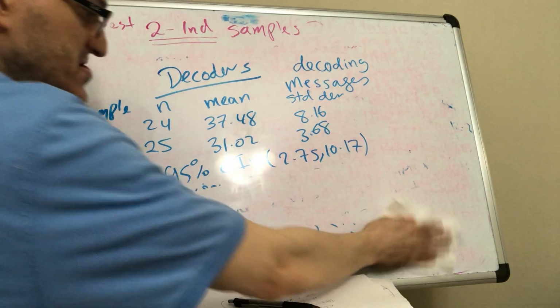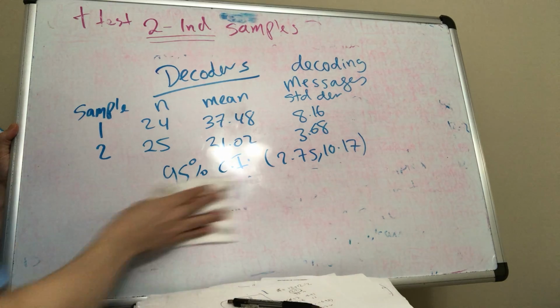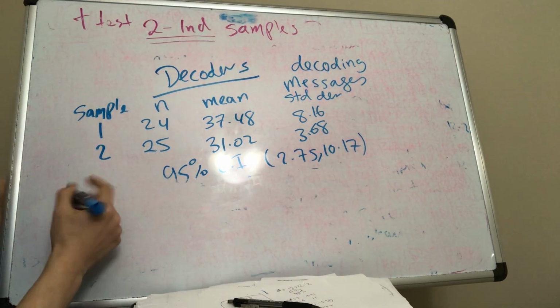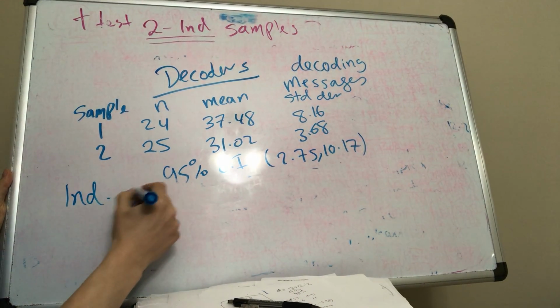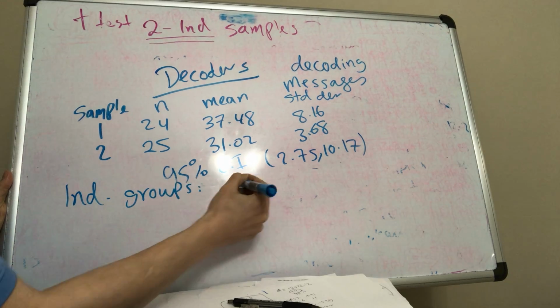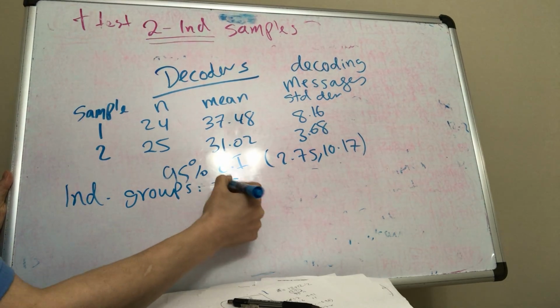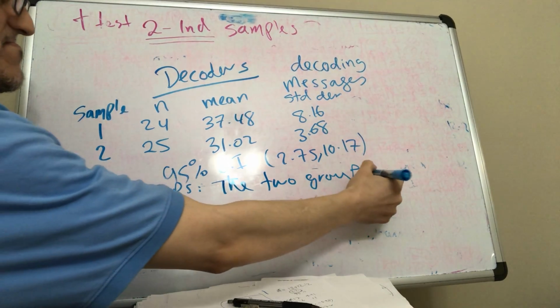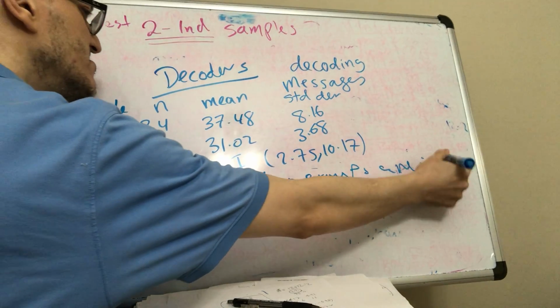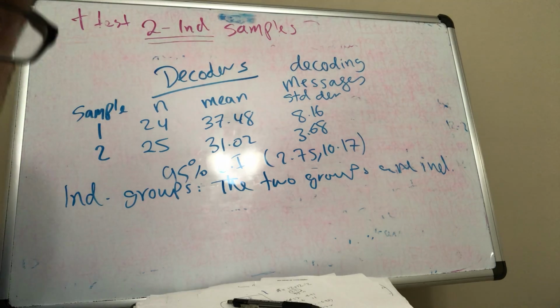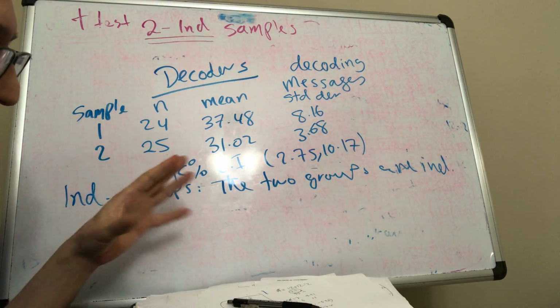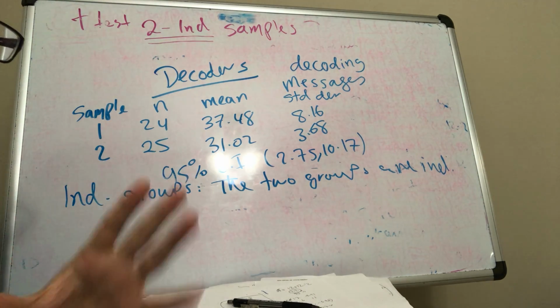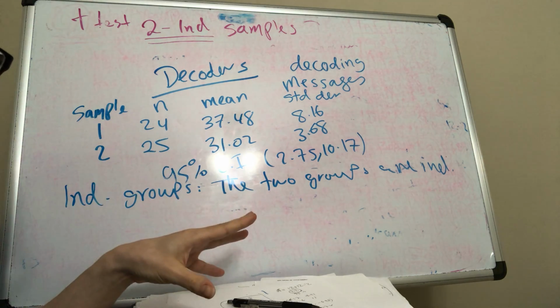The last assumption for this chapter, the independent groups. And this is standard. All you need to say is the two groups are independent. And that's always the case. Again, I'm answering this question, the assumptions and all of this, from the standard of the course.